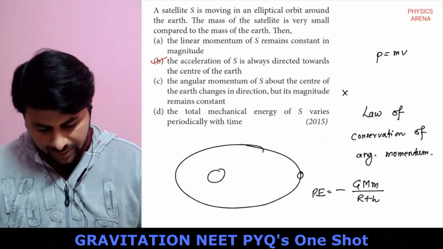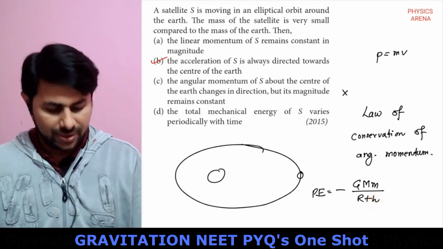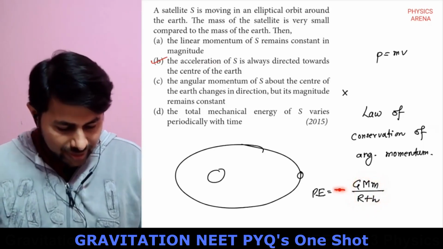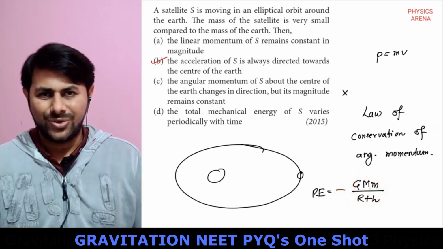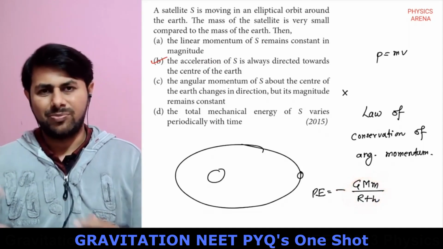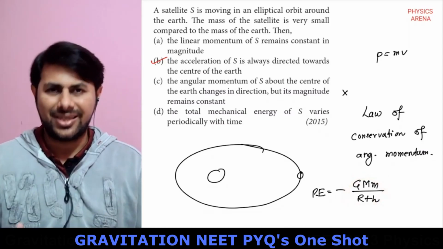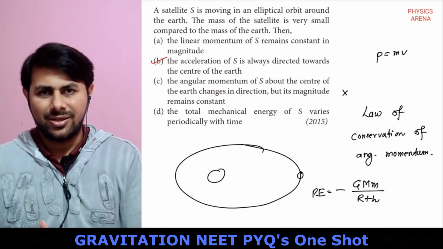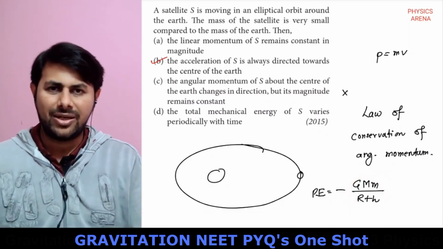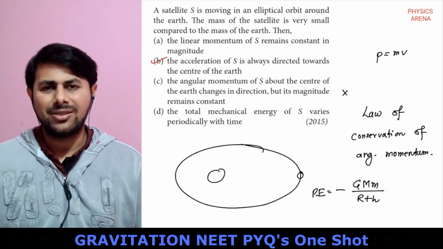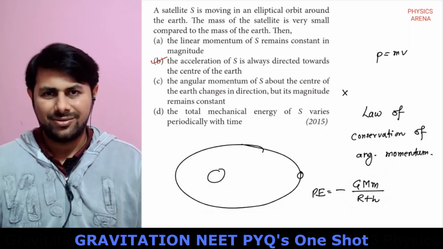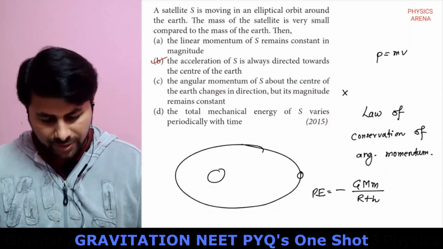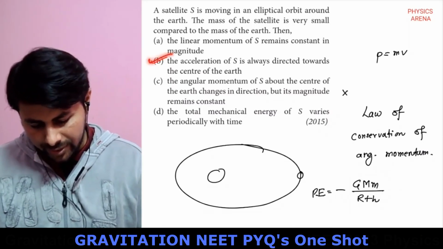As height increases, this fraction will decrease, but it has got this negative sign. So it was more negative earlier, now it is becoming less negative. When it is closer, it was more negative, but when it goes away, it becomes less negative. That means the potential energy is actually increasing. So this one is also not true. The total energy remains constant, so option B is the answer.